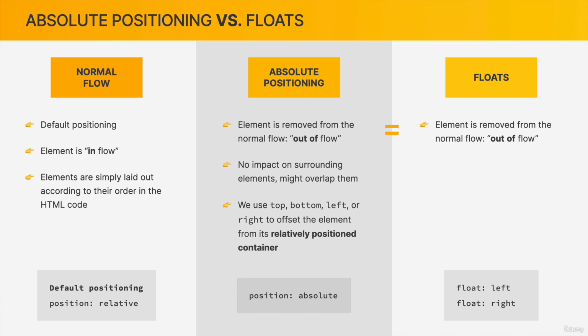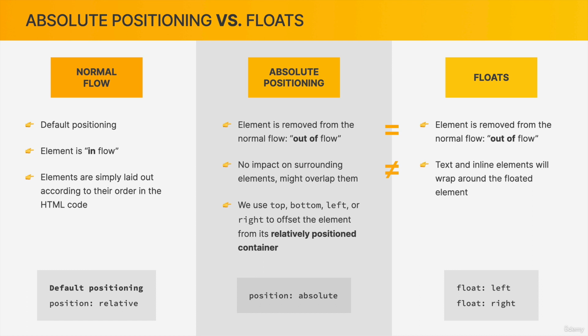Now, what's different about floats is that floated elements do still have an impact on surrounding elements. So text and inline elements will actually wrap around the floated element. And so again, in this regard, floated elements are completely different from absolutely positioned elements, which have no impact and are also not impacted by any of the surrounding elements.